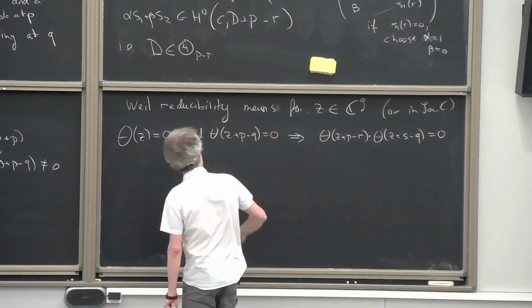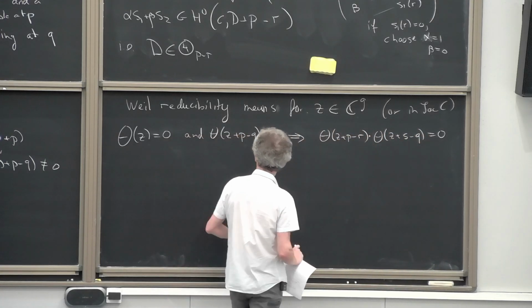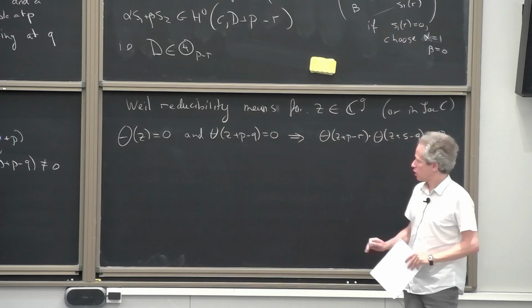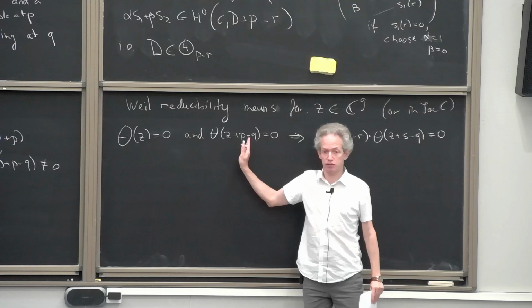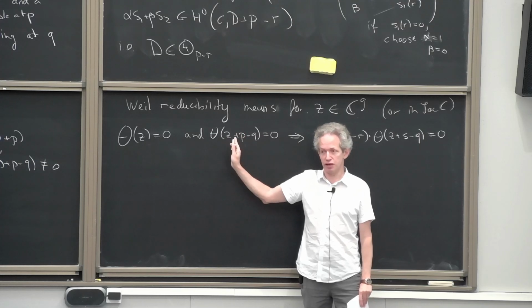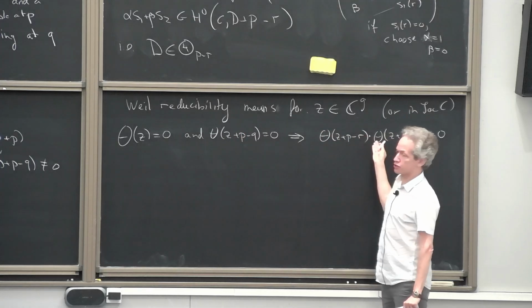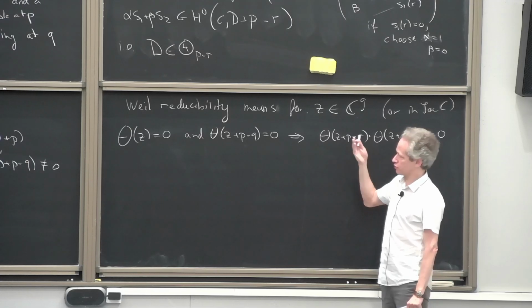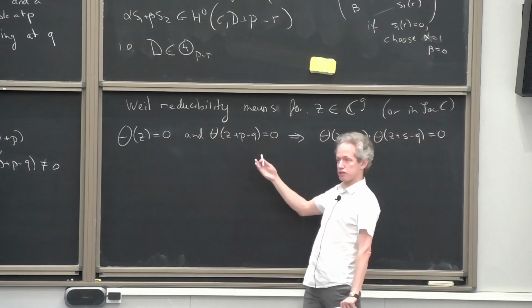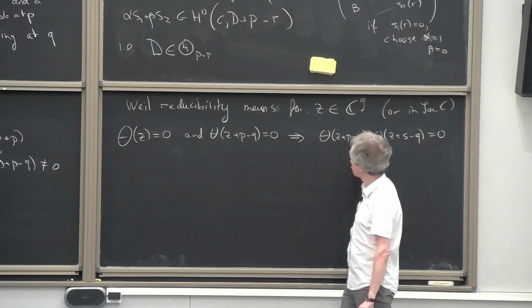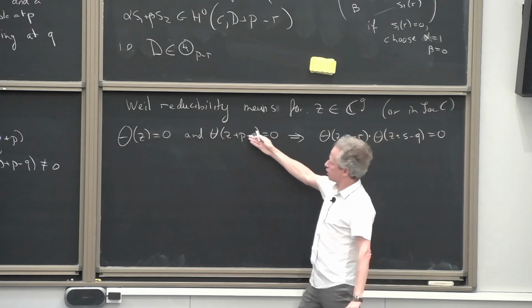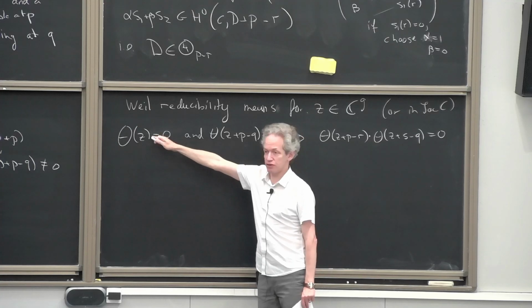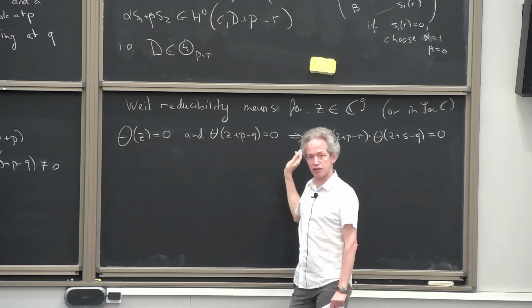How can we imagine that this happens? So I want to write some equation that will imply that, and then we'll worry whether it's equivalent. I have two functions, this one and that one, and if they both vanish, that function should vanish. If you are motivated by ideals of functions, that should mean that this function should lie in the ideal generated by these two, right? If this one vanishes and that one vanishes, that one vanishes.